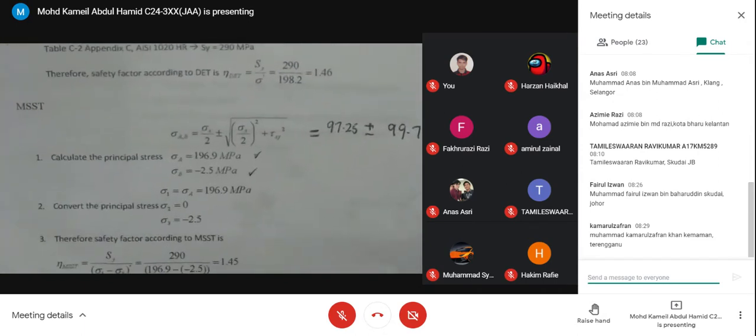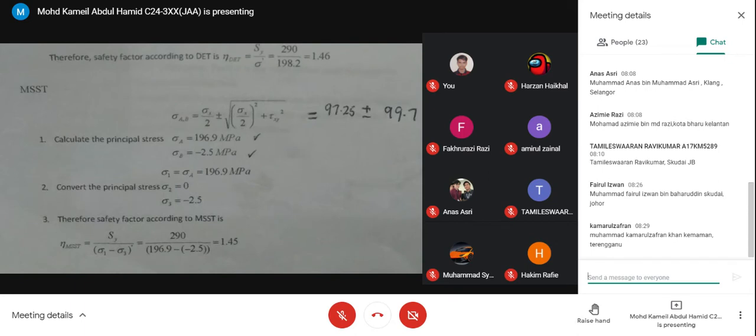Now this is the MSST step. Enter the sigma X value and tau XY. You will get sigma A is 196.9 megapascal and sigma B is negative 2.5 megapascal. So sigma 1 is sigma A, sigma 2 is 0, and sigma 3 is negative 2.5.